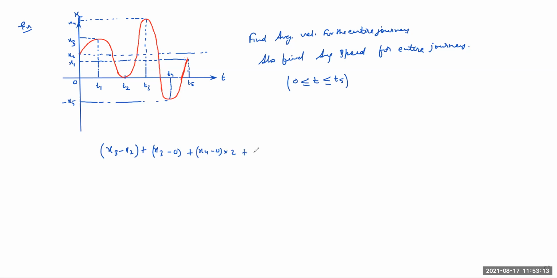Then you go down and come up, so x5 2 times, and then you go to x1, and then you divide by t5. This is the average speed.